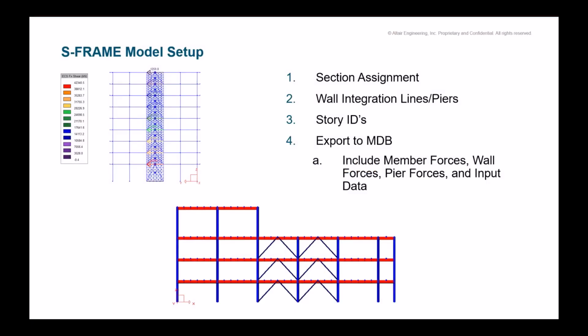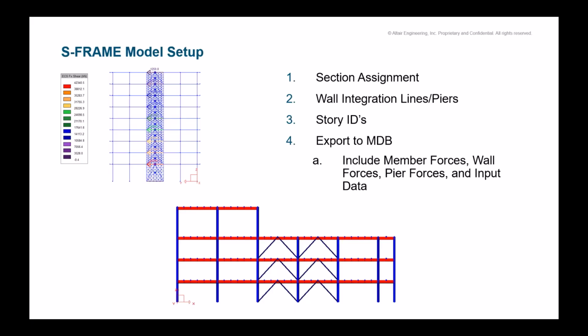First is having different sections assigned, concrete sections, having wall integration lines or piers, having different story identifiers. All right, all of this data is important.